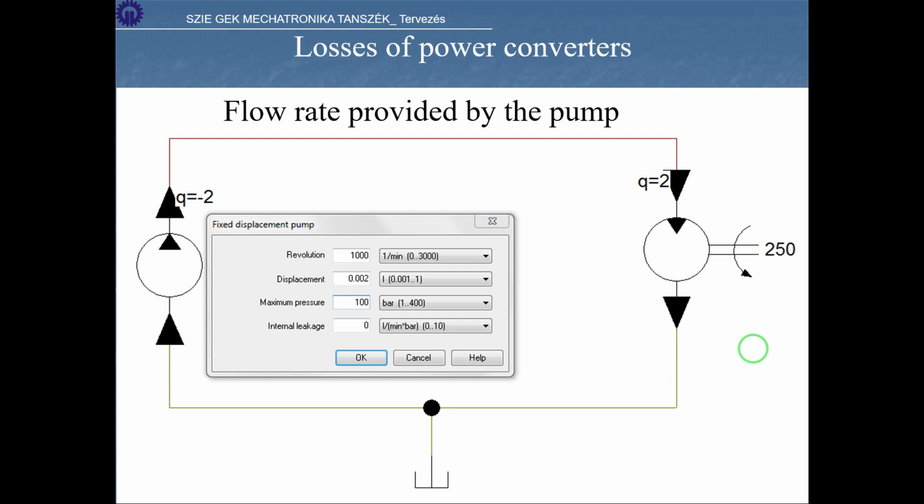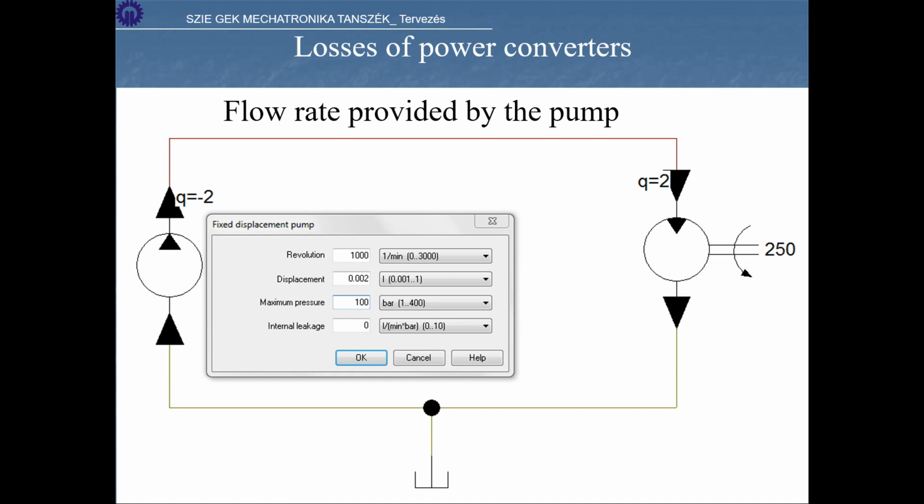In the ideal world we wouldn't have any losses with fluid techniques, but we are not living in an ideal world. So we have two basic losses in hydraulics. These are the volumetric losses and the hydromechanical losses. The volumetric losses are due to the clearances.